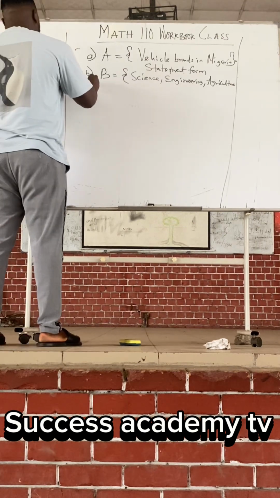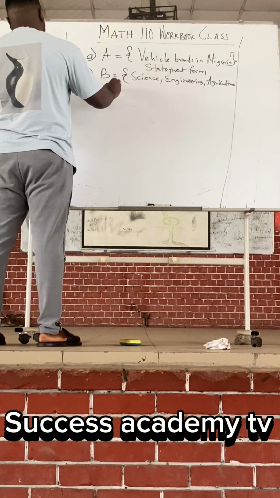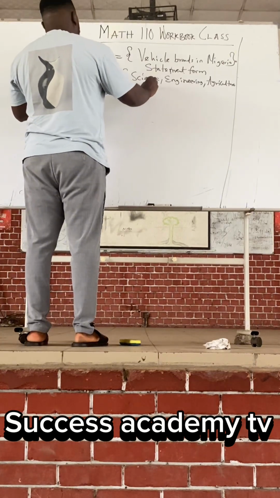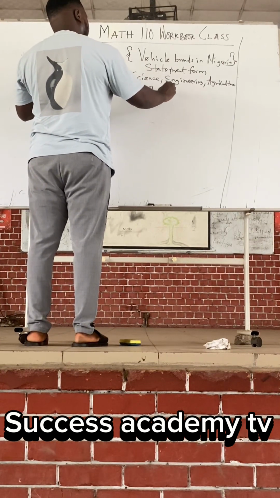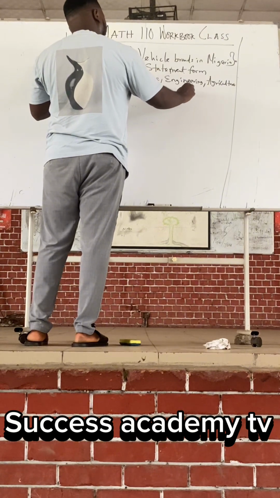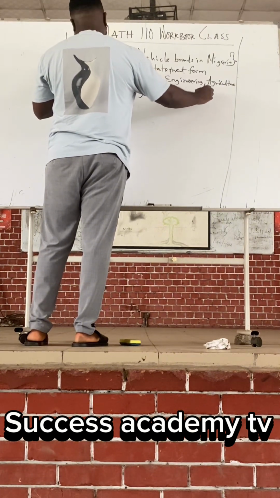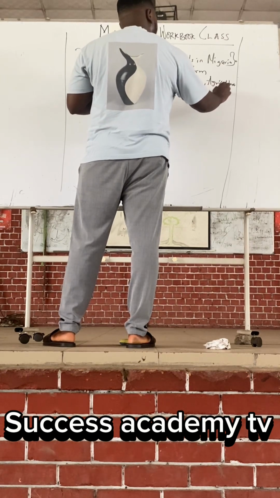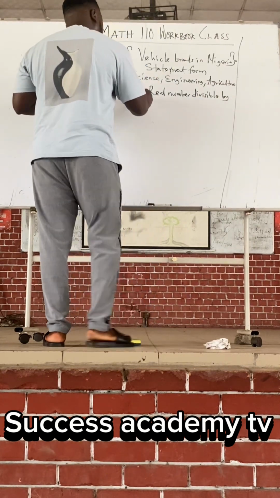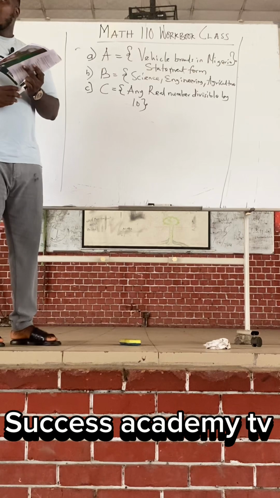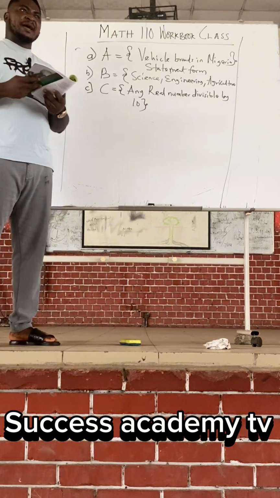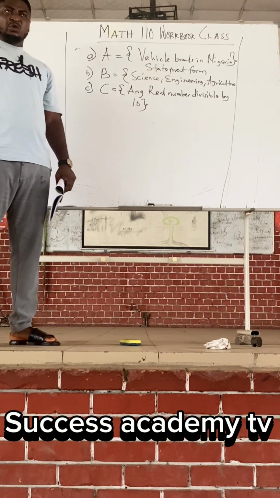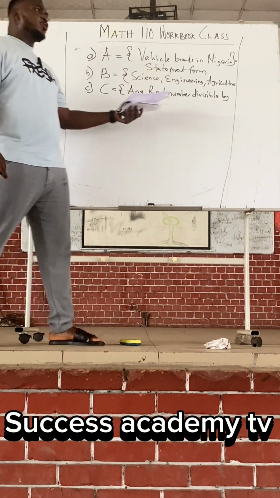C, any real number divisible by 10. Class, what will you classify this? You can say this is a builder form, because you are the one to build the set.